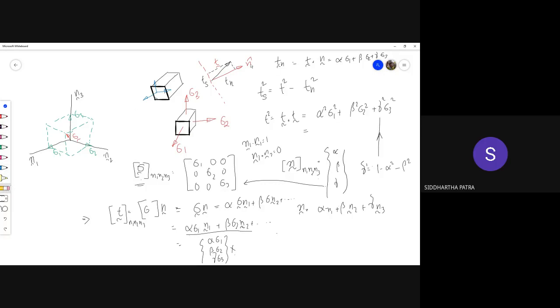Tn is not a vector. Tn is just the dot product.